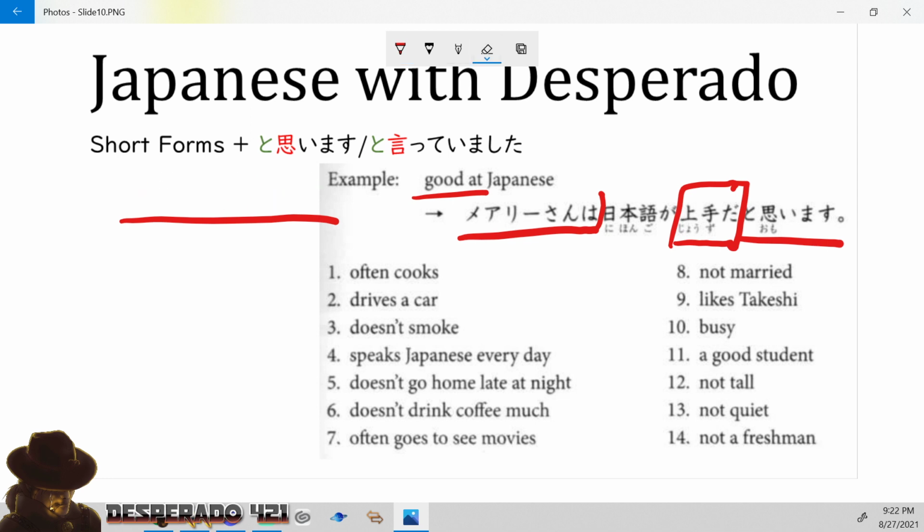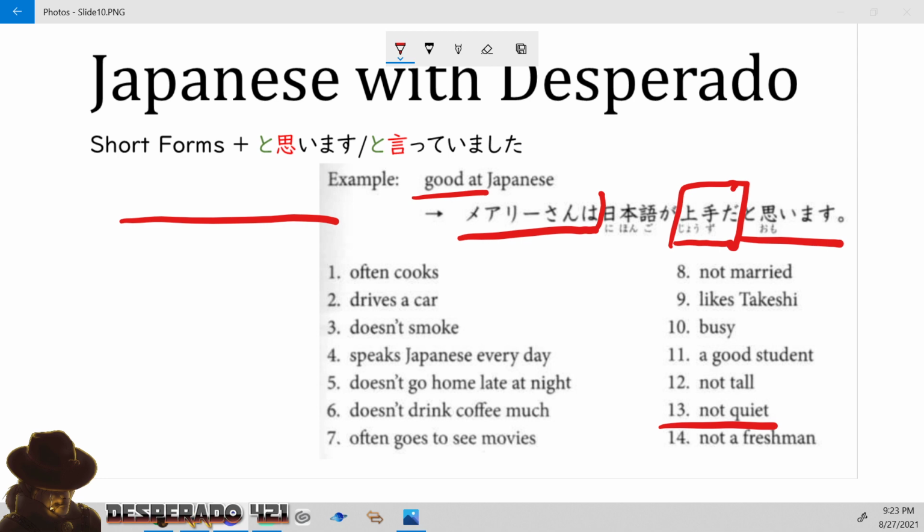And not quiet. So quiet would be the na adjective on the self-study page. Shizuka.